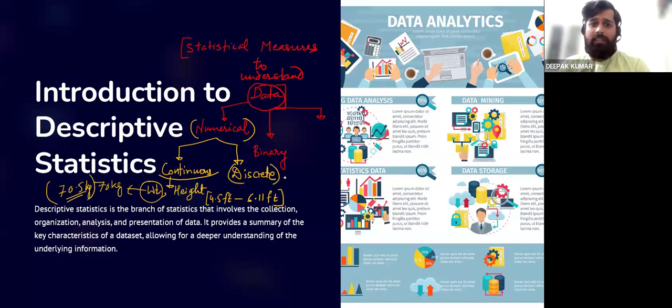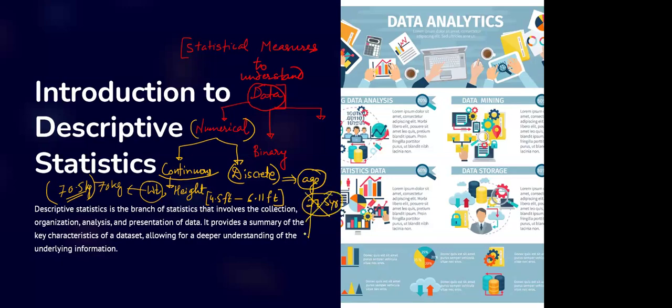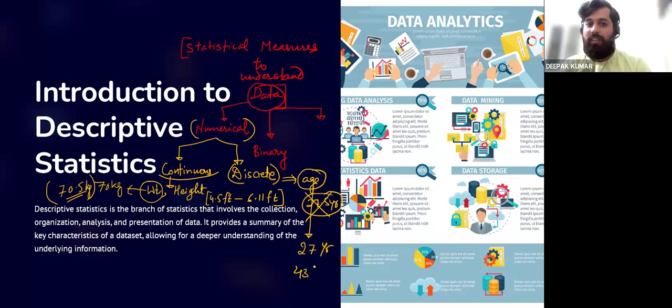Whereas discrete things are usually demonstrated like your age. Your age is never 27.5 years. Have you ever said 27.5? No. We always say you are 27 years young, you are 43 years young. So this is discrete data, defined at particular non-decimal places.